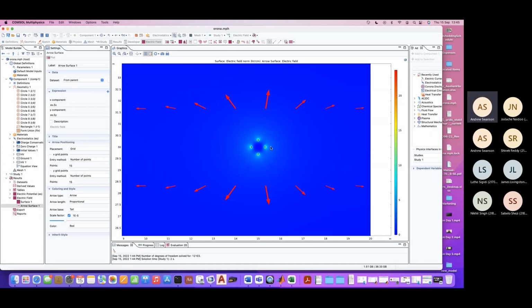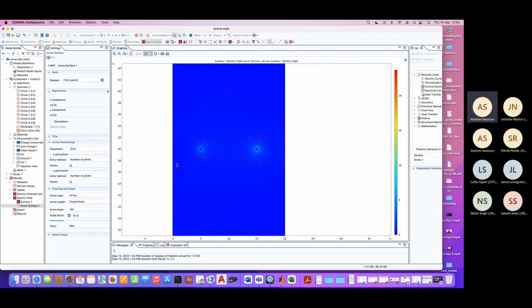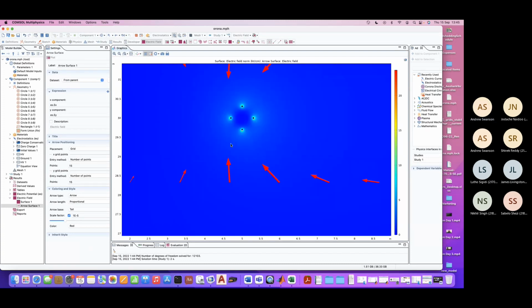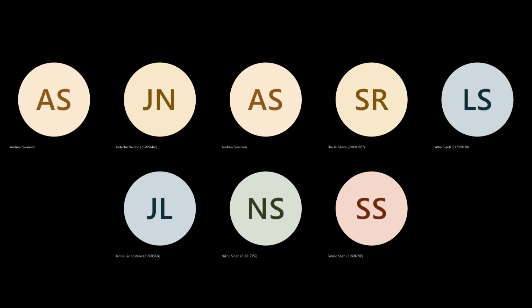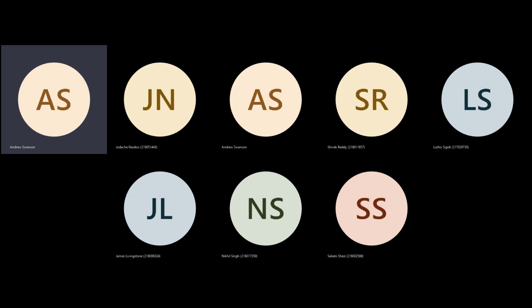Right, so there's an example. You can see the electric field is going away from the positive and towards the negative. All right. Any questions from your side about that? It's all kind of simple if you get the right things in the right places, isn't it?